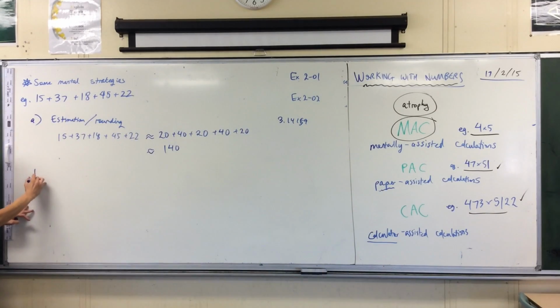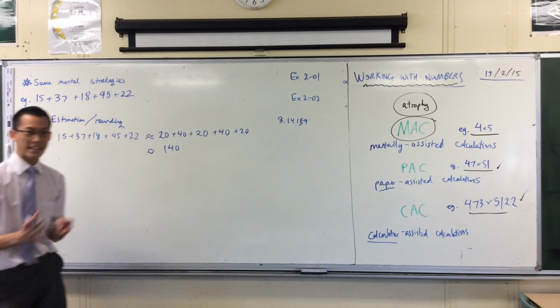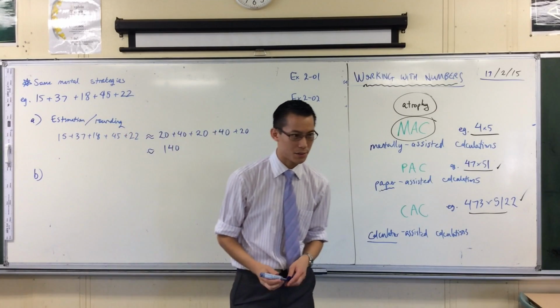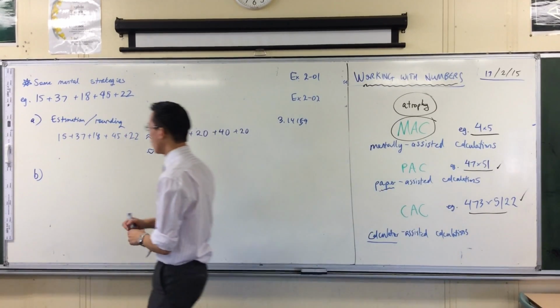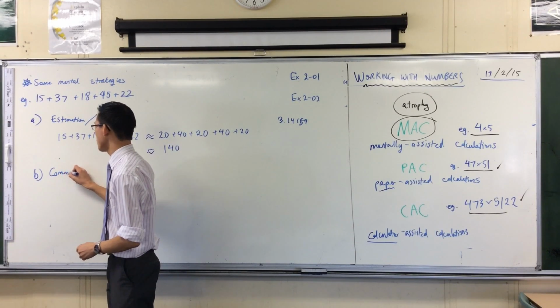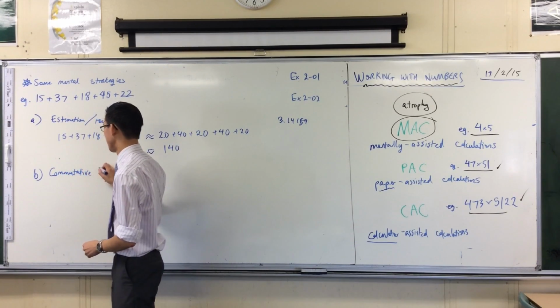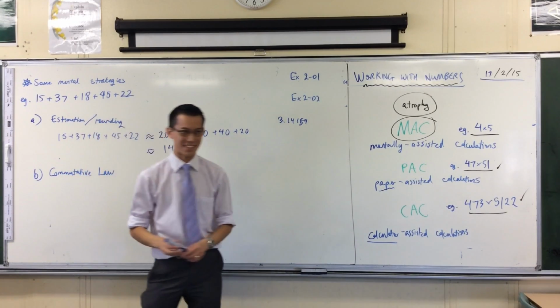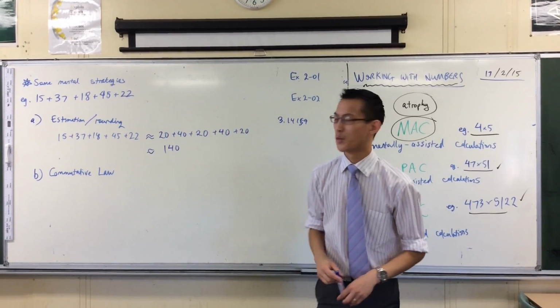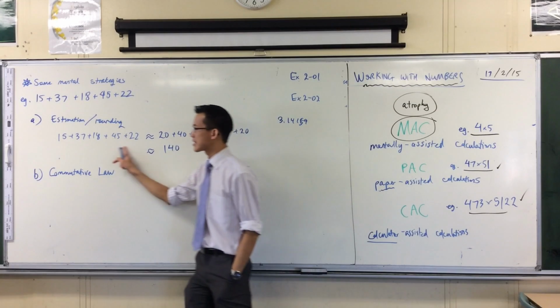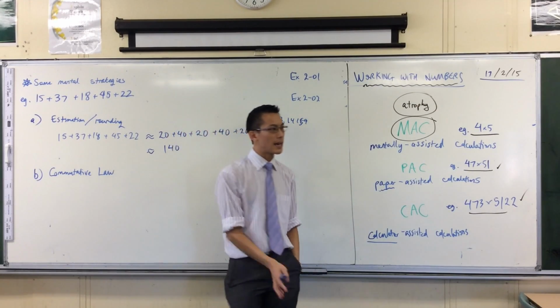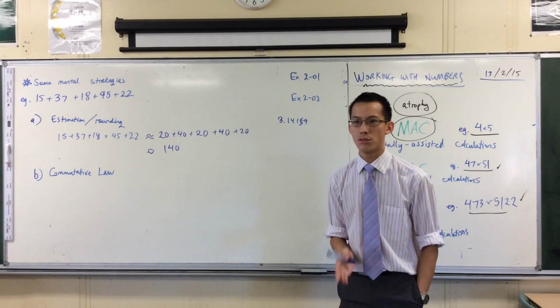Let's go to strategy 2 and get something precise without your calculators. Okay? Do you remember last year we learned something called the commutative law? It does sound a little bit like communism, which is not a coincidence, by the way. Okay? Now, the commutative law is very simple. It means that for some operations, it doesn't matter what order you do them in.